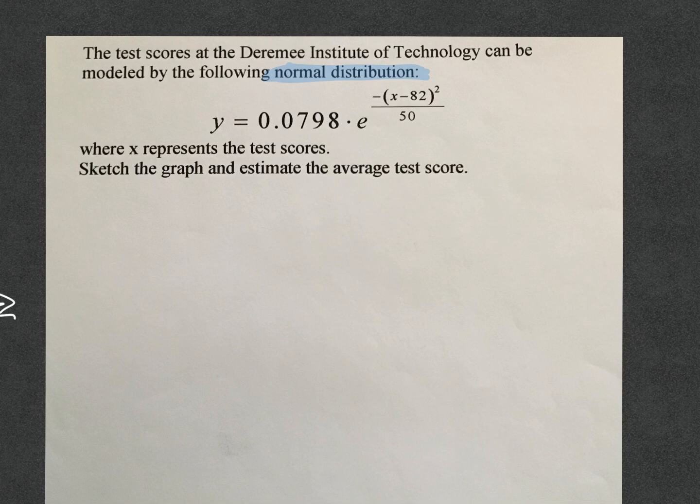I just have to double check I've typed it in okay: 0.0798 times e raised to the negative x minus 82 squared divided by 50. Yep, looks okay. I'll turn my camera on so you can once again see the equation on my calculator window.